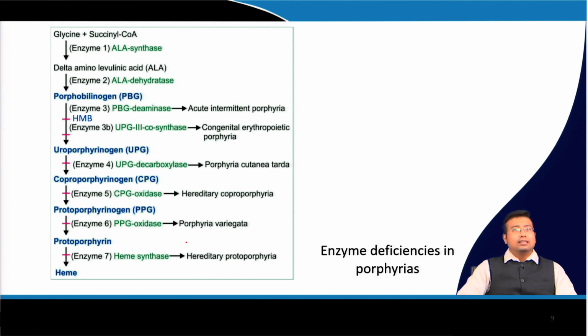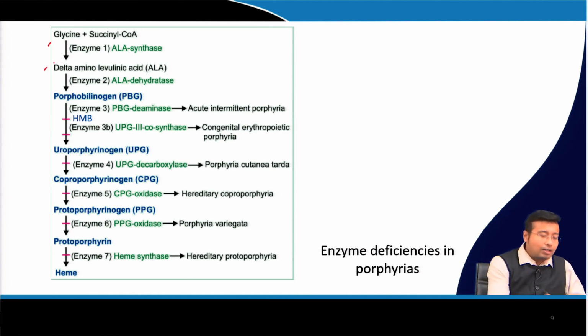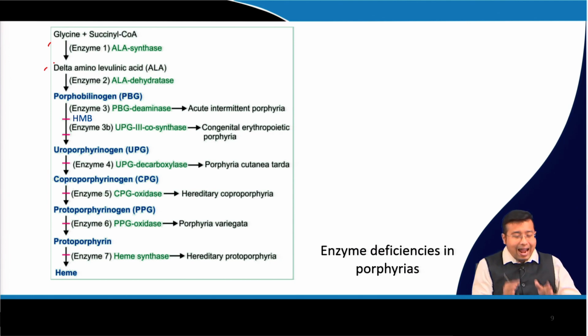So, this is the pathway, but now you already know the compounds that are appearing sequentially, and you already know the names of the enzymes with the help of two beautiful mnemonics, right. But then again, you need to remember the diseases that are caused by deficiency of these enzymes. So, the first important name that we need to remember is acute intermittent porphyria.